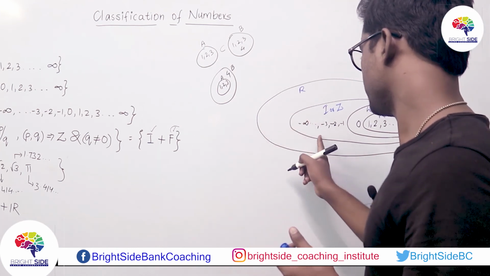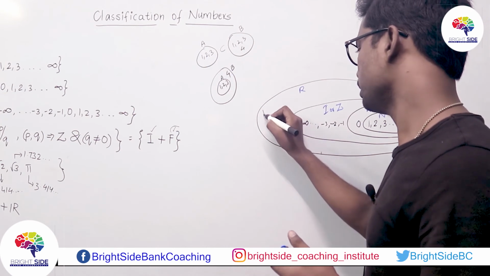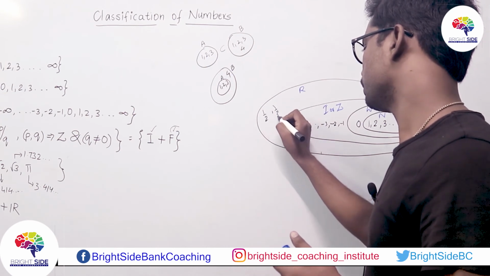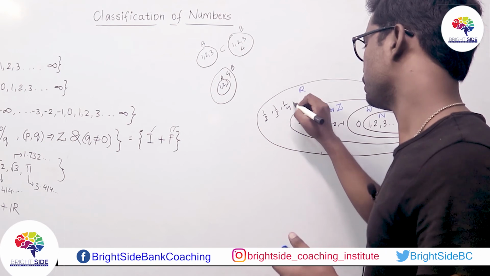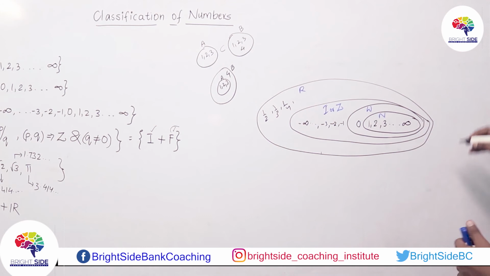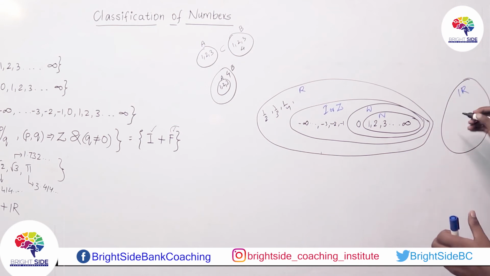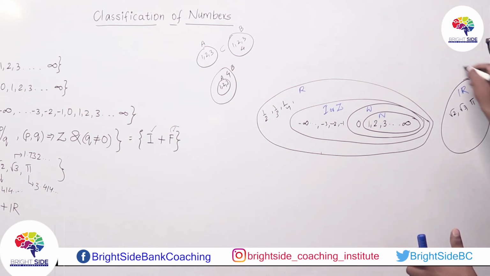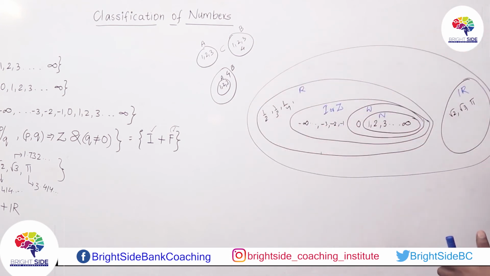Rational numbers contain integers plus fractions. Fractions are 1 by 2, 1 by 3, 1 by 4, like that. And the numbers which are not in intersection with any of these sets is irrational numbers. Irrational numbers are those numbers like √3, √2, pi, like that. And all the numbers will be there in real numbers set.